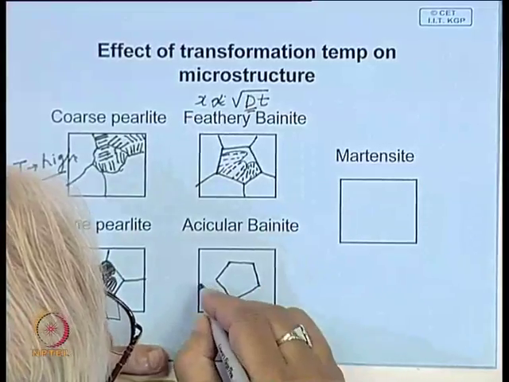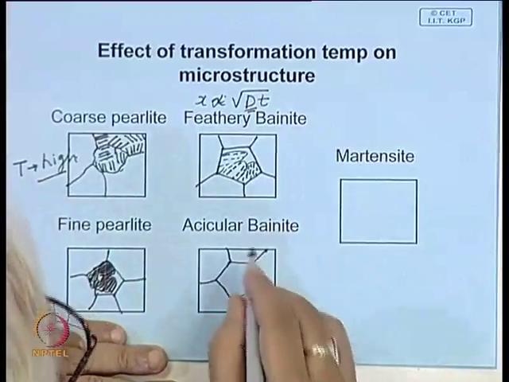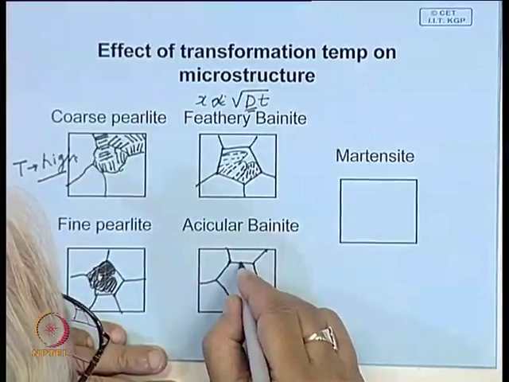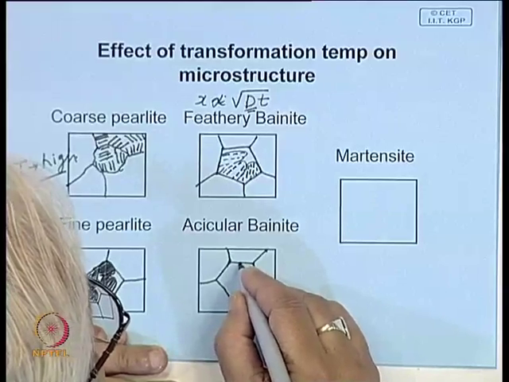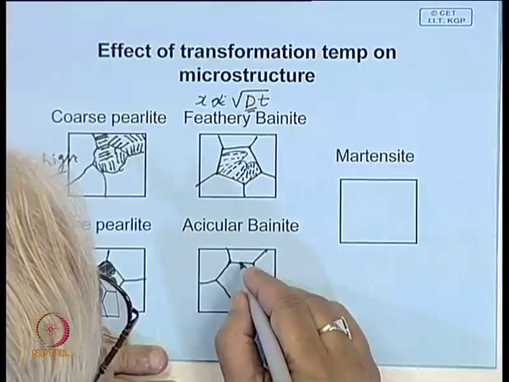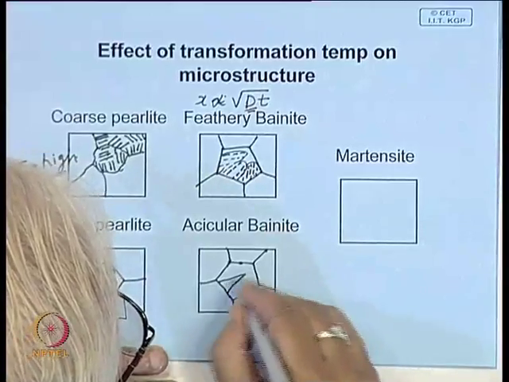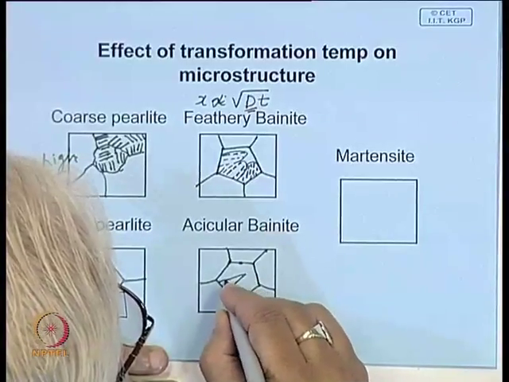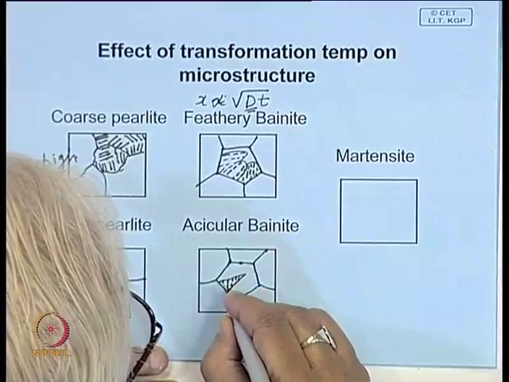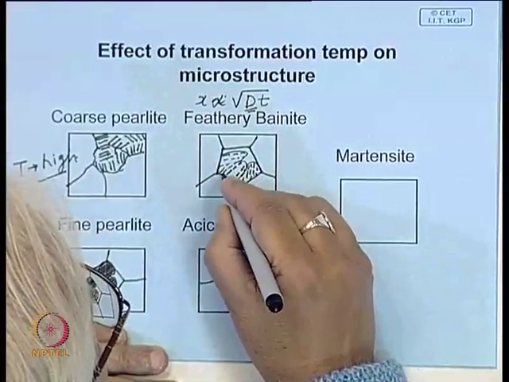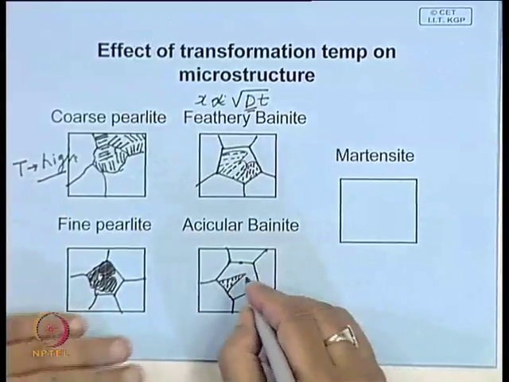here also this transformation always starts near the boundary, and sometimes these types of ferrite grains are formed, and here you have carbides, and these carbides are differently aligned. Here it is along the grain, and here it makes a particular angle.